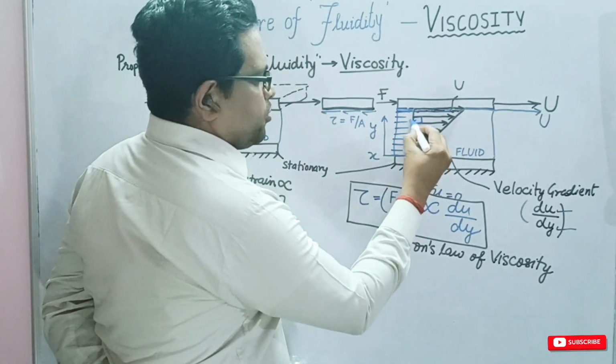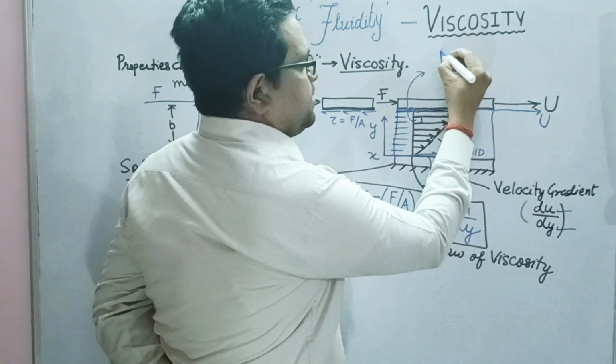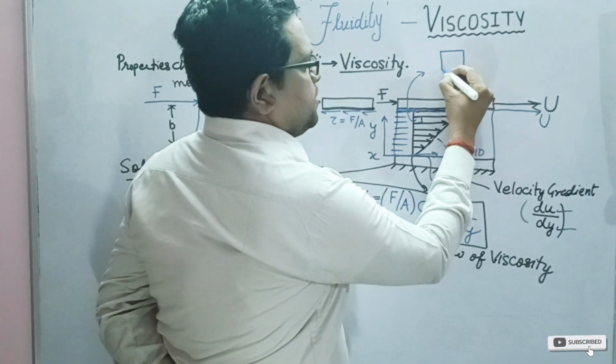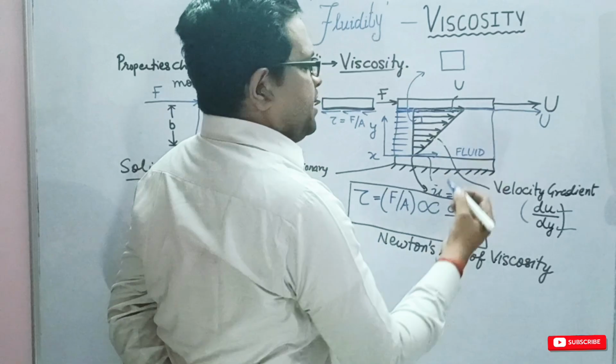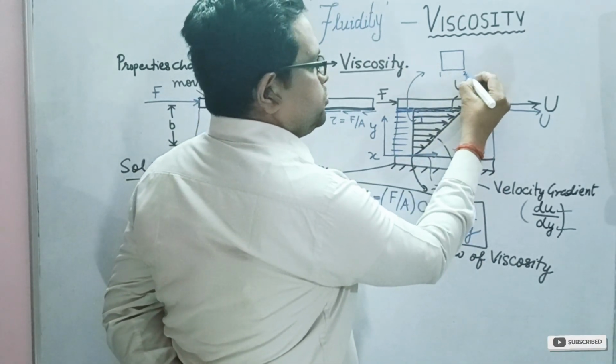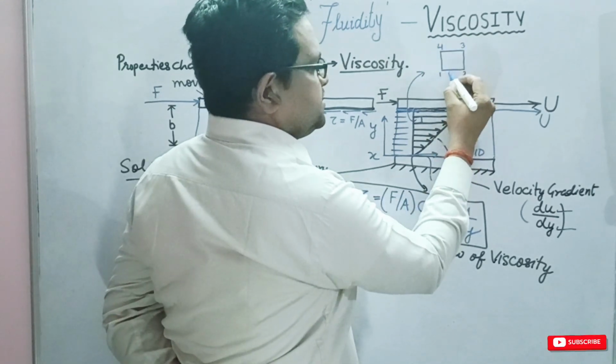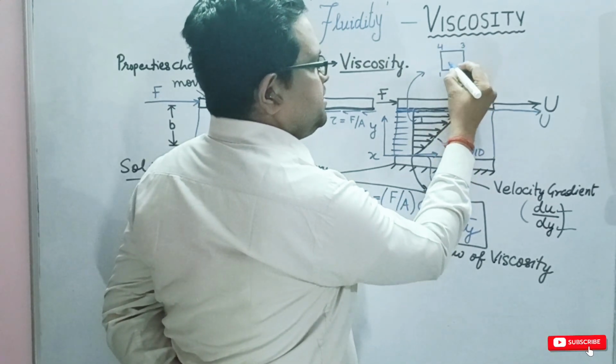So I am trying to draw it here. This square represents a fluid element, say 1, 2, 3, 4.